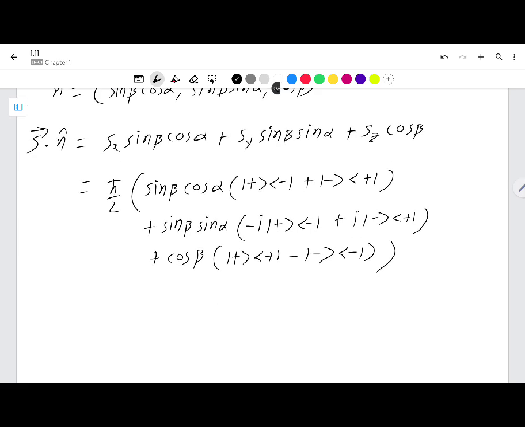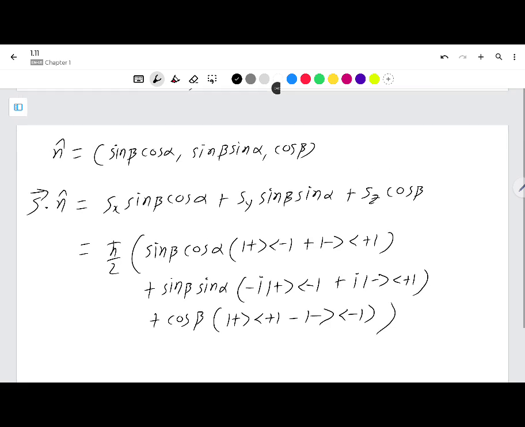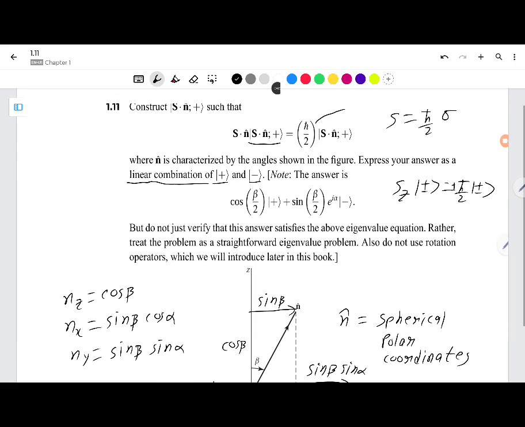Now this will operate on some state, and in return we should get h bar upon 2 times the state, which is given by something like this. So we need to find this state for S dot n.